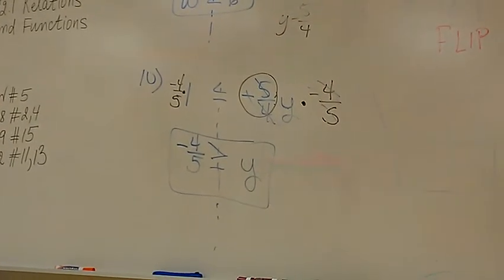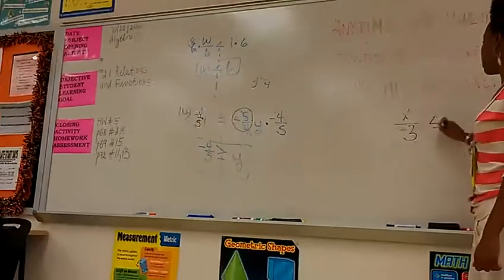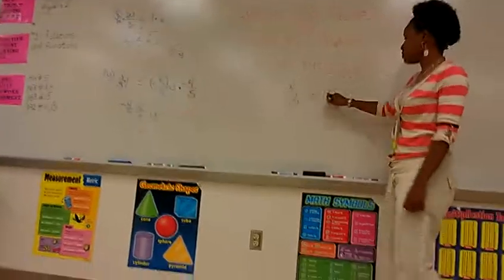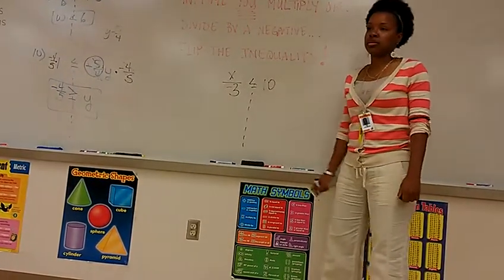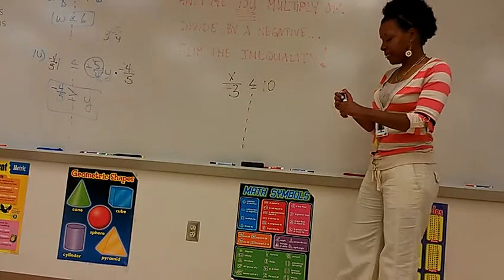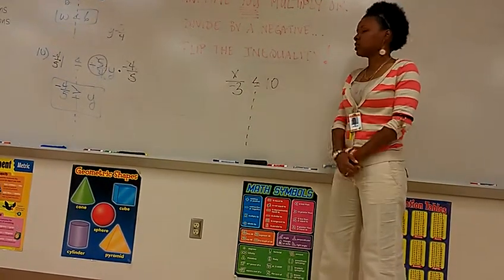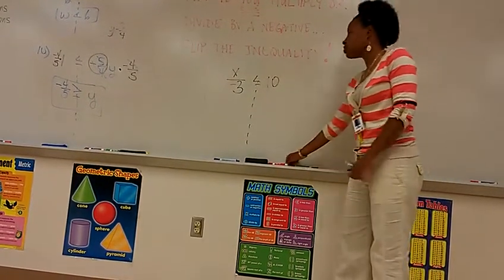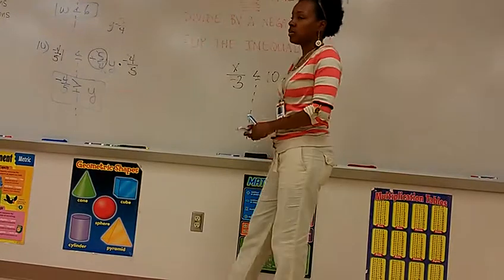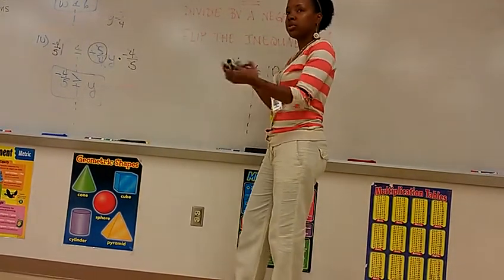If you have x over negative 3 is less than or equal to 10, what's my first step, Diana? What did they do to the x? By what? So what are you going to do? Don't complicate it. If they divided by negative 3, what do you do?